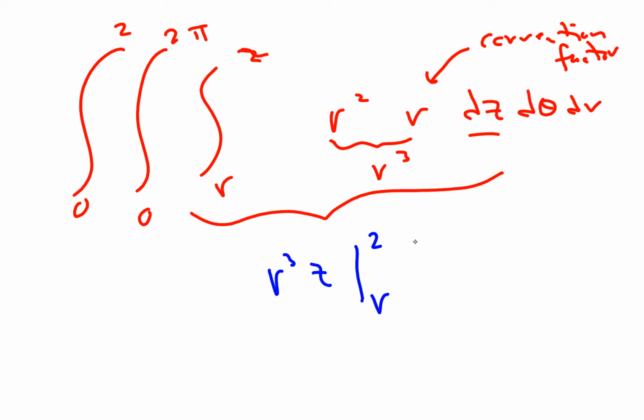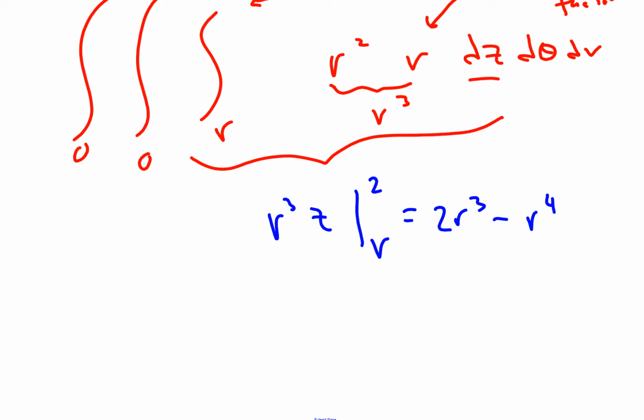So if you plug in 2, what do you get there? You get, looks like you get 8, and then minus, I'm sorry, that's not correct. We're plugging in, see, I made an error. You're plugging in 2 to z. You've got to be careful of that. Easy to make that mistake. So then you end up with 2r cubed minus, when you plug r into z, you get r to the 4th. And that's a reasonable way to leave it.